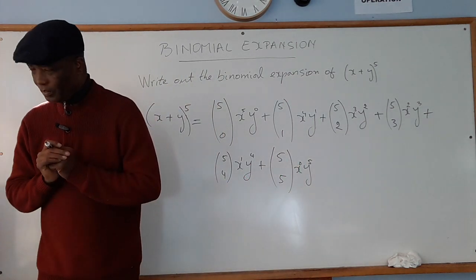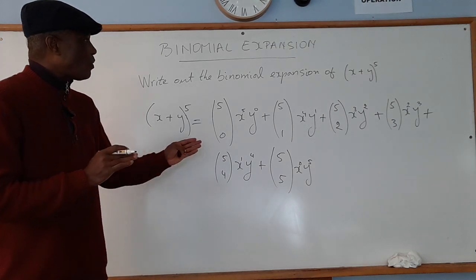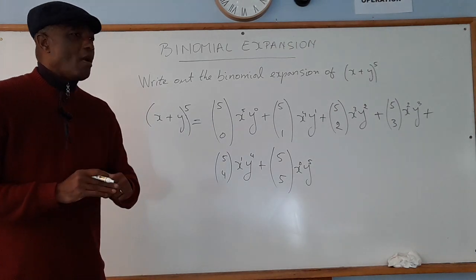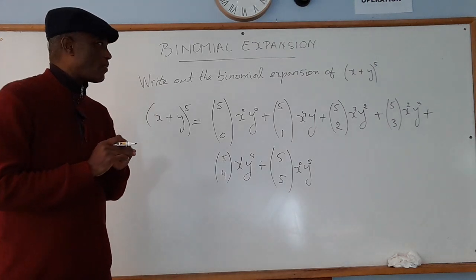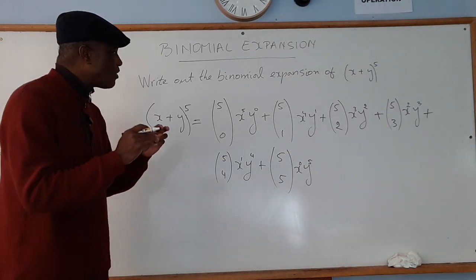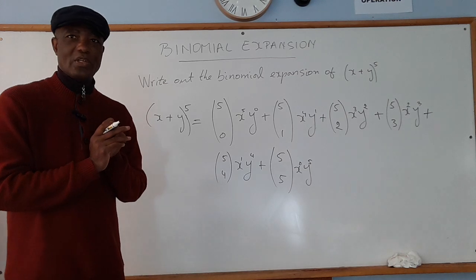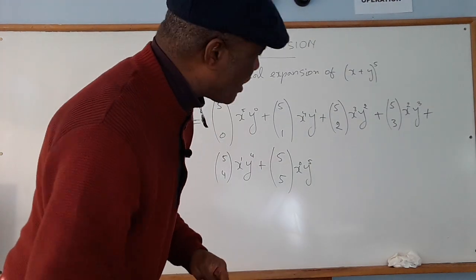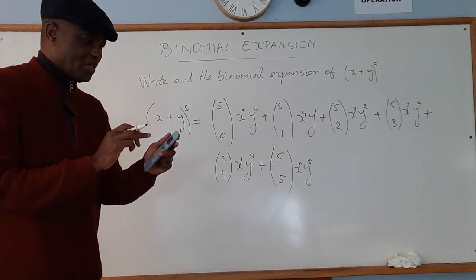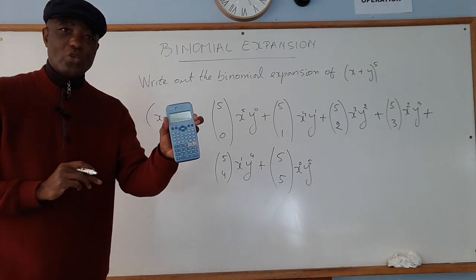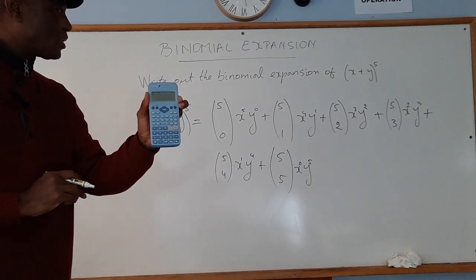Now, we have the 6 terms. But what are the values of the terms? We need to get the value of each term here. For the value of each term, I get my calculator. I am using the Casio calculator.